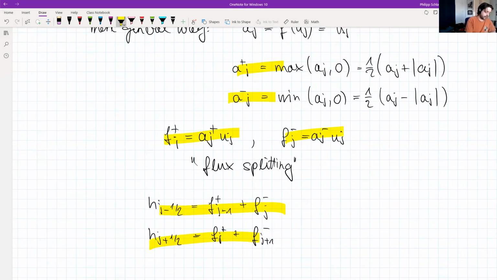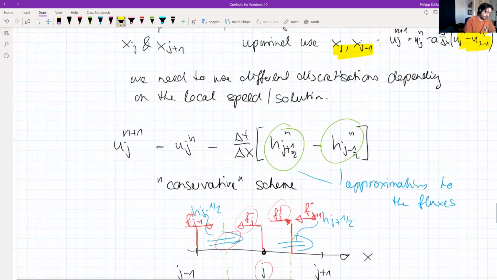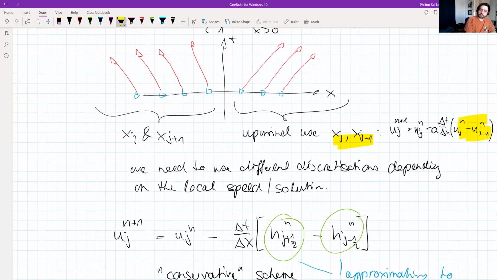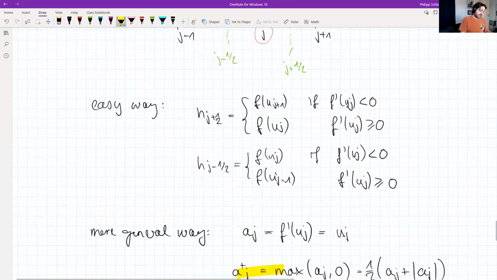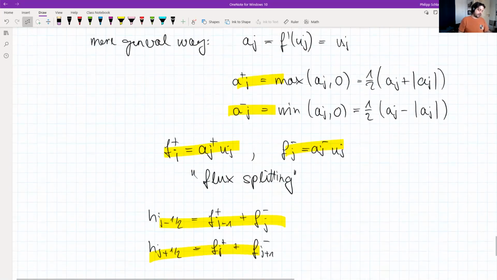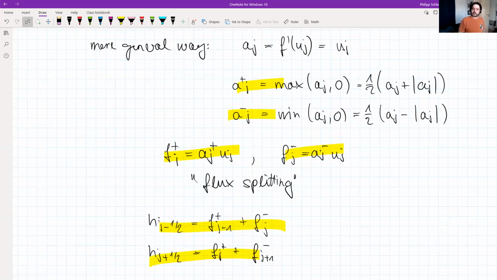If you put everything together, you will end up exactly the way we predicted from the beginning: on the right side you will have a positive upwinding, and on the left side you have a negative upwinding. But of course, now written in a more general way, when we have really introduced this idea of a flux splitting. So we have a flux that goes to the positive and a flux to the negative.